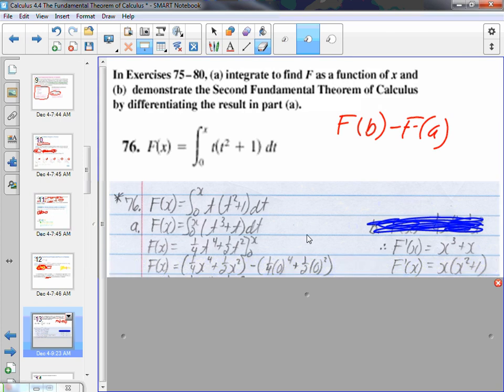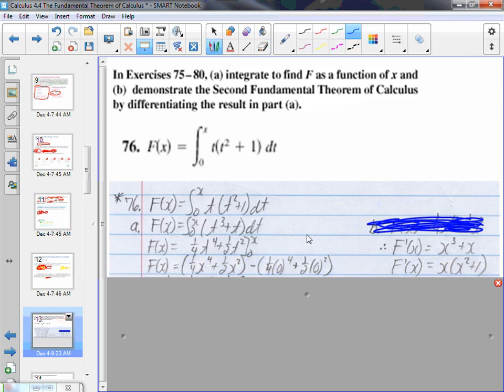So capital F equals 1/4, then substitute an x, because that's your upper limit of integration. Substitute x in for t. So 1/4 x to the 4th plus 1/2 x squared. So that's the antiderivative evaluated for the upper limit of integration.